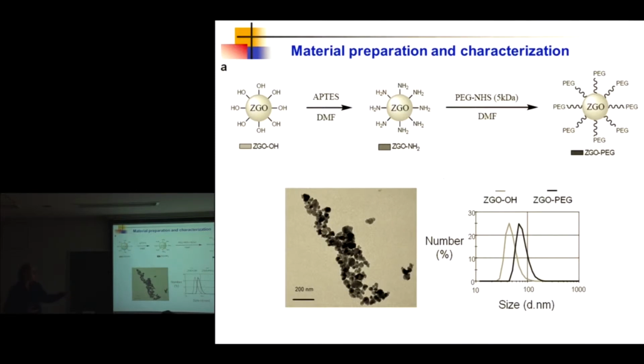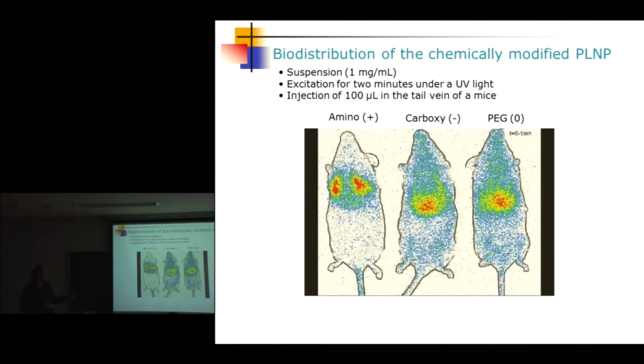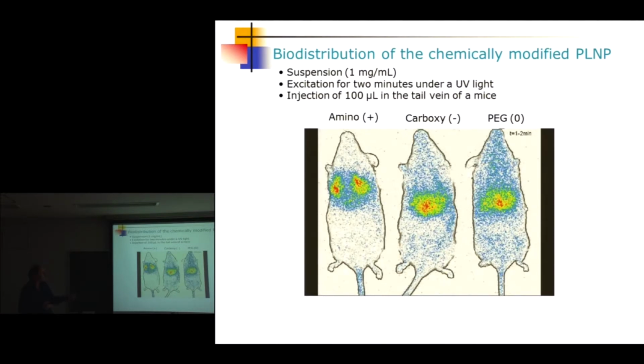This is an example of this kind of material with PEG, for instance, with hydroxyl and other functionalization, with positive, negative, and neutral coating. And you see what happened. These are the animals, and you have injection of the nanoparticles.